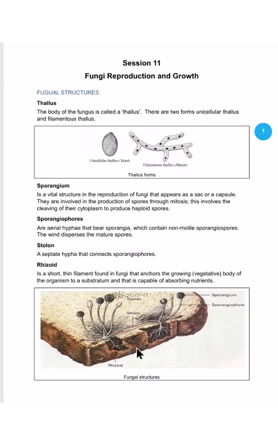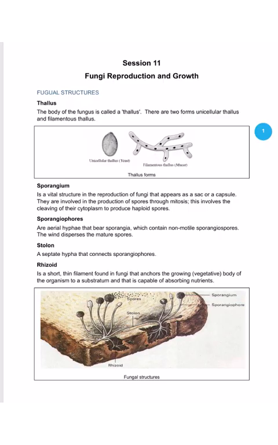So rhizoids are the thin filaments that anchor the aerial hyphae, together with all the aerial sporangiophores and the sporangium, to the substratum, and also they help in absorbing nutrients from the substratum. So these are the main structures of a fungal body, the thallus. It consists of sporangium, sporangiophores, stolon, and rhizoid.